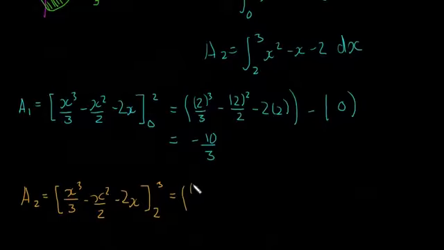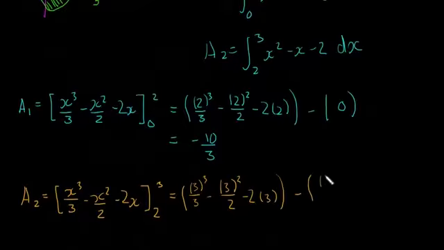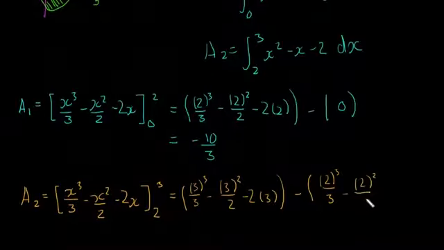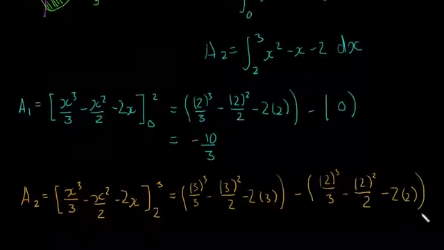So I'm going to try. This is going to be 3 cubed over 3 minus 3 squared over 2 minus 2 multiplied by 3, big bracket, minus 2 cubed over 3 minus 2 squared over 2 minus 2 multiplied by 2, close the bracket.